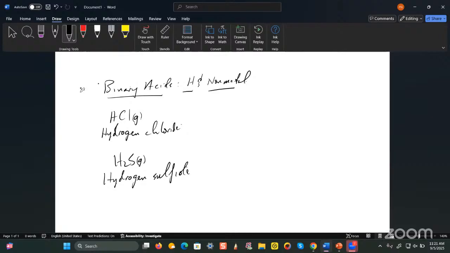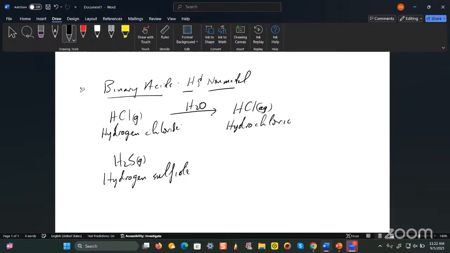Now, basically, we can form a binary acid by adding these gases to water, right? So basically, you're going to end up with HCl gaseous converted to HCl aqueous, all right? So when we have this, this is basically an acidic solution. And therefore, in this form, the name of this compound is hydrochloric acid. All right?